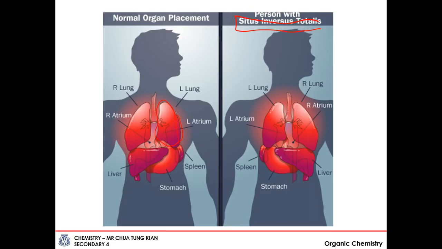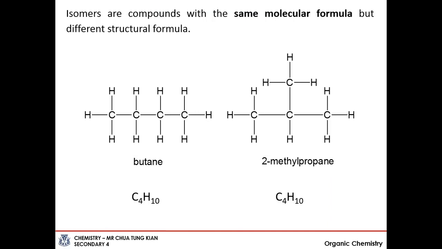But in a person with this medical condition, the organs are actually flipped around. It's a mirror image. Notice if I were to fold the picture along the center line, they will actually overlap exactly on each other. So for organic molecules, something similar can happen as well, and we call this isomerism.